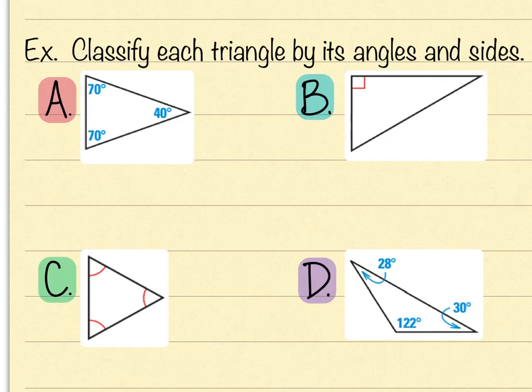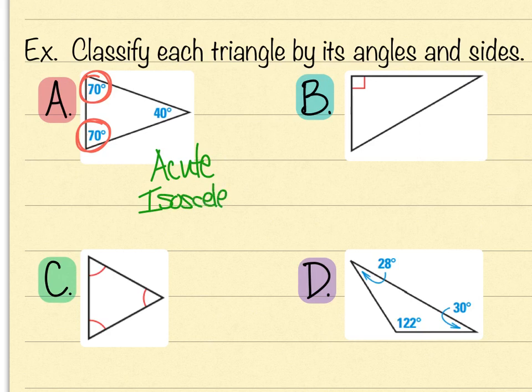So in example A, I have an acute triangle because all three angles are acute here. And then you'll notice they didn't give me any of the red tick marks on the sides. However, knowing what we just talked about, I know that I've got two congruent angles, which means I will have two congruent sides, and therefore it is isosceles.